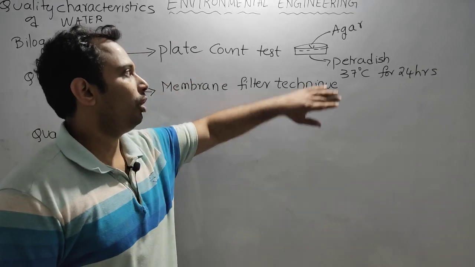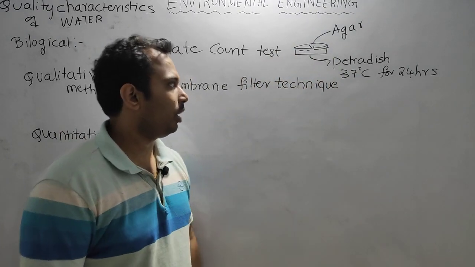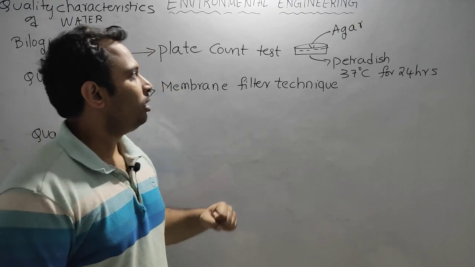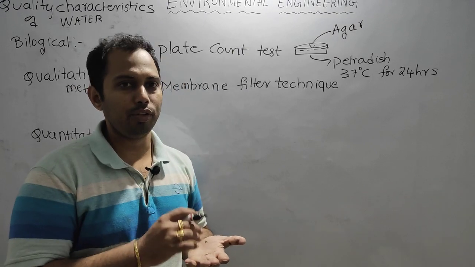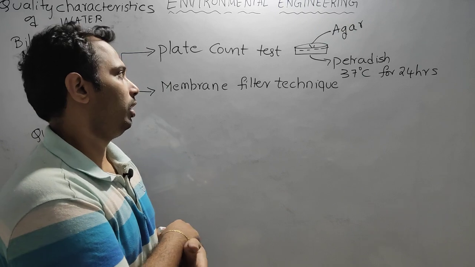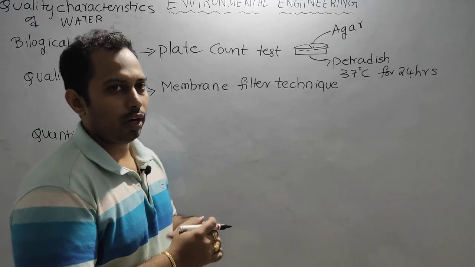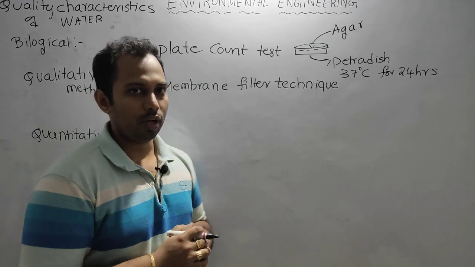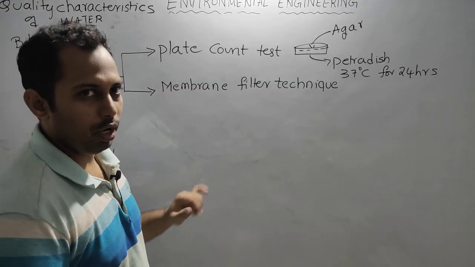Once you give the nutrient, proper temperature and proper duration, you can easily observe the growth of microorganisms. In the plate count test, how many colonies you observe on this plate is nothing but the plate count test. This will not give you the concentration, it will give you the number of colonies present in the water, but exactly what the concentration of microorganisms is we cannot identify. So that is why this is a qualitative method.